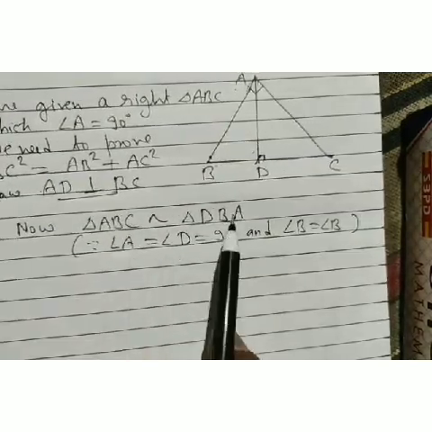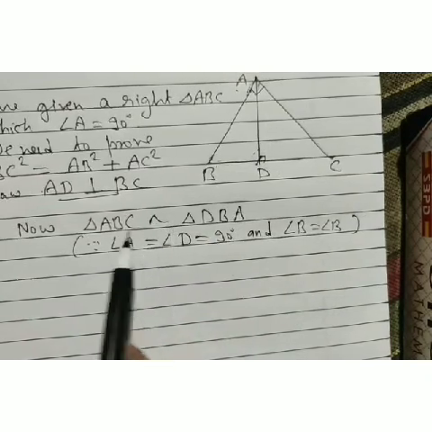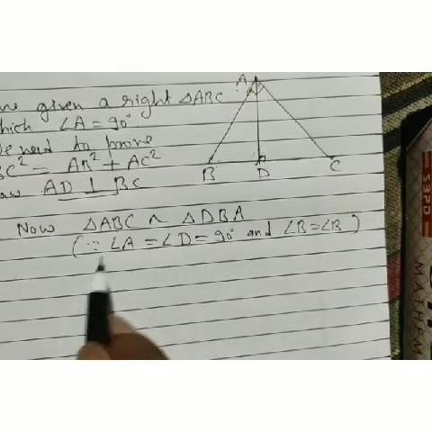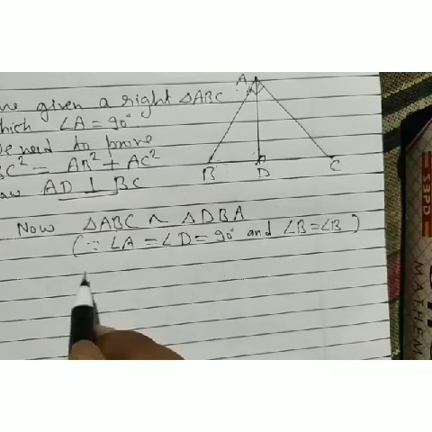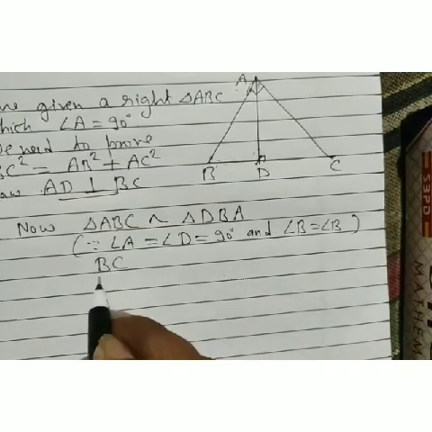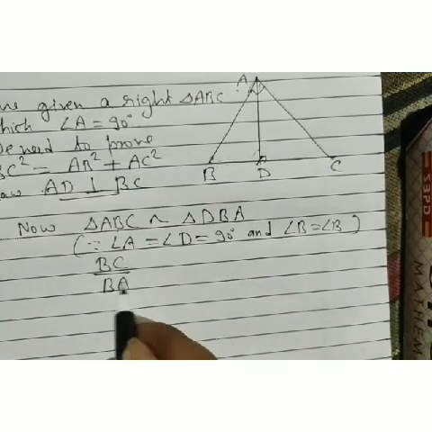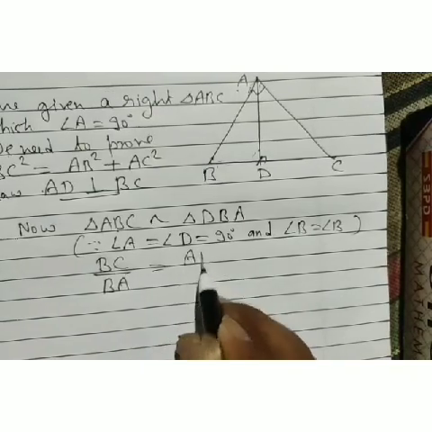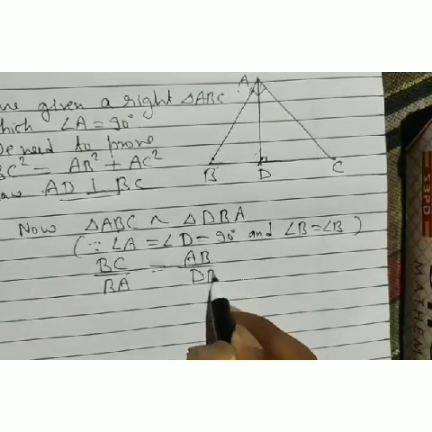Since the triangles are similar, their sides are in the same proportion, so we have BC is to BA equal to AB is to DB.